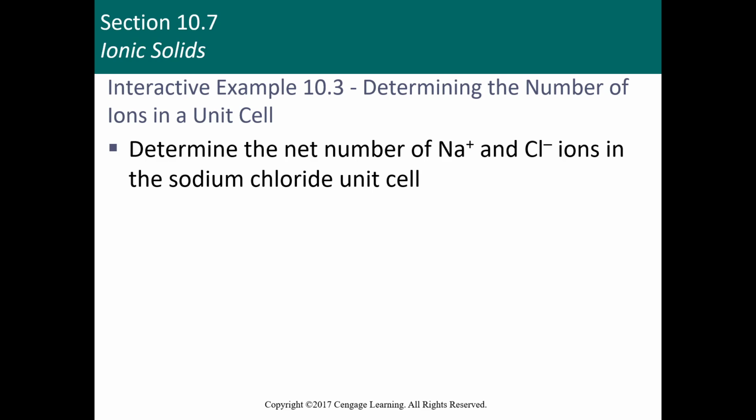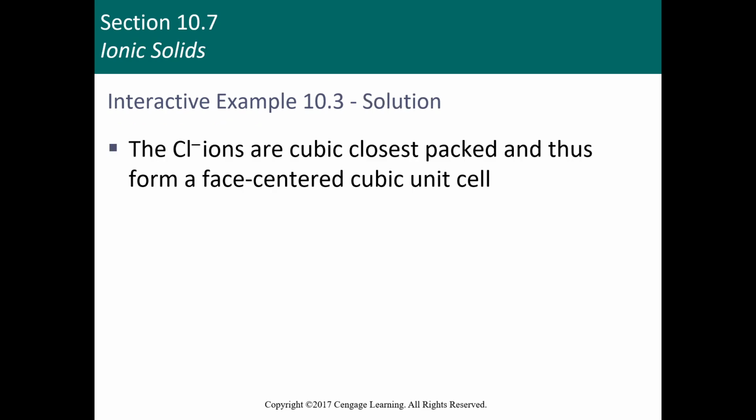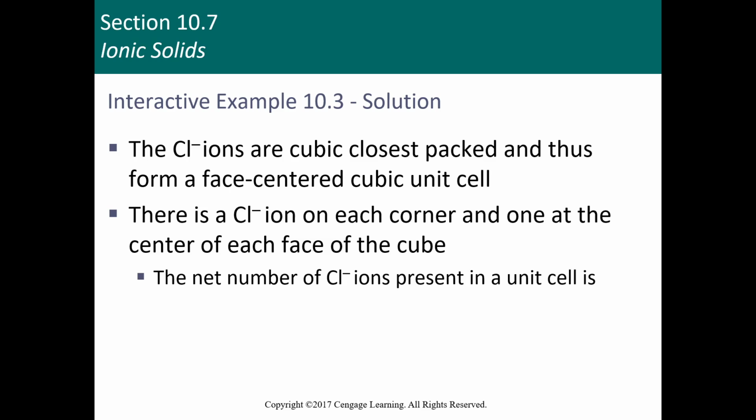Typically speaking, the anions are much larger than the cations, and so typically speaking, the anions will be your vertices in these face-centered cubic unit cells. There is a chloride ion on each corner and one at the center of each face of the cube. That's a face-centered cubic unit cell.